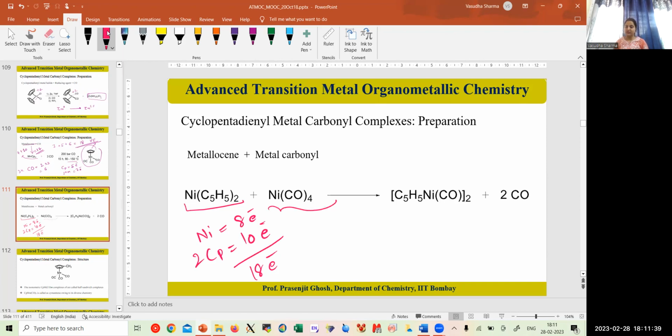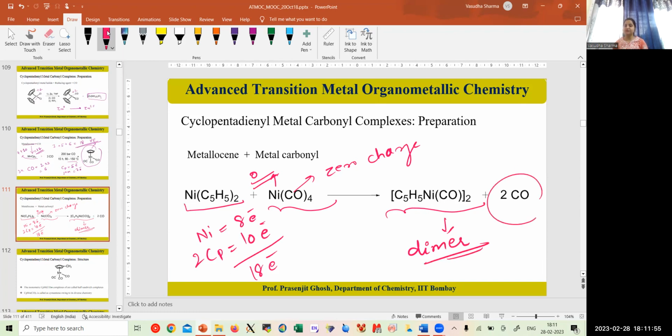And here it is nickel 0 carbonyl 4, because carbonyl has 0 charge, therefore nickel exists in the 0 state. It gives the combination of both Cp and carbon monoxide, but it is a dimer now, with the release of two carbon monoxide molecules. So both ways we can have a combination of Cp and carbonyl attached to a transition metal.